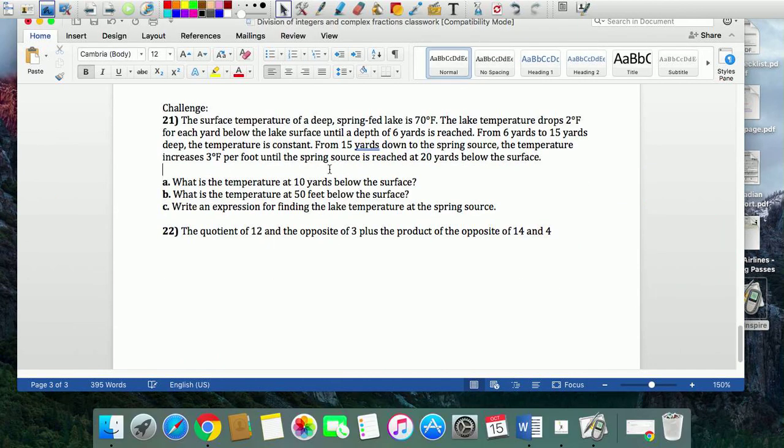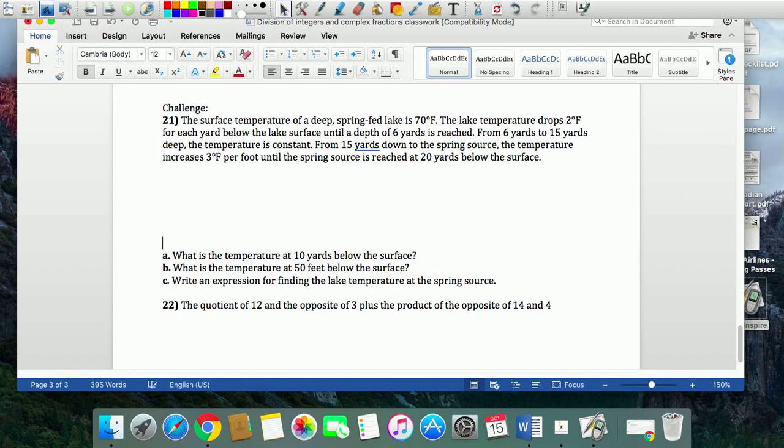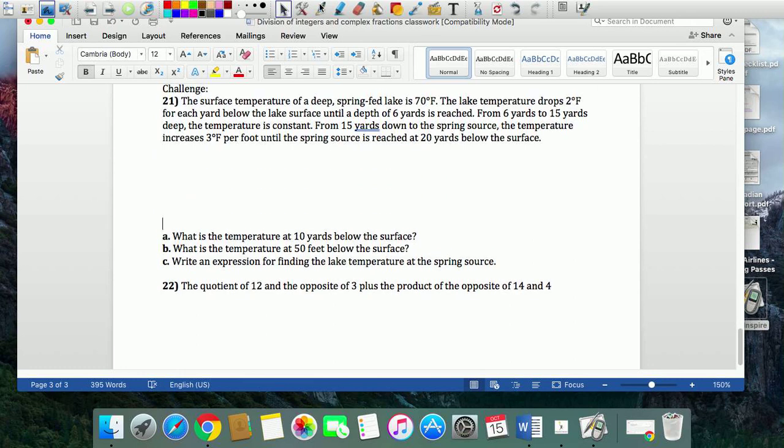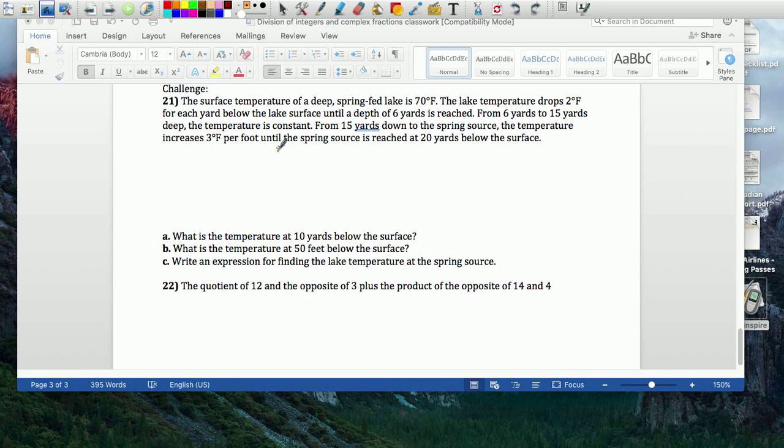21. The surface temperature of a deep Springfield lake is 70 degrees. The lake temperature drops, so it's 70 degrees. So you have a lake here, right? So on the top, on the ground is 20 feet. So for each yard below until 6 yards.